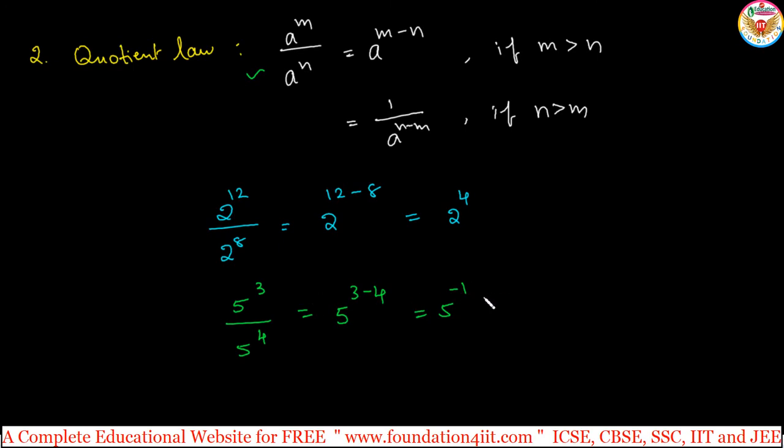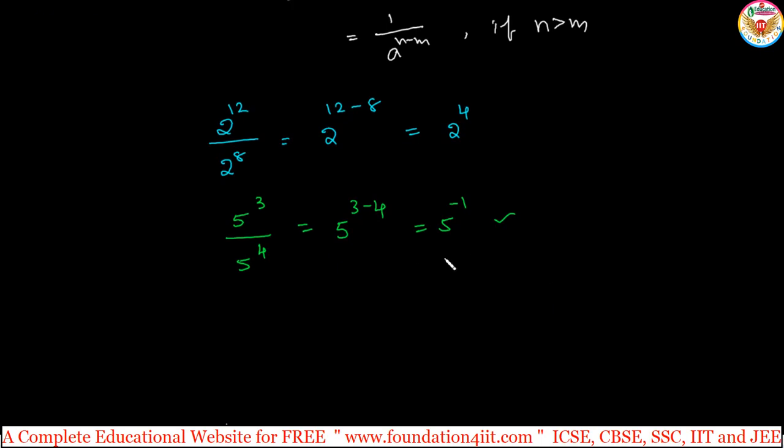Whenever you get it this way, 5 to the power negative 1 is also equal to, because the numerator power is less than the denominator, 1 by 5 to the power n minus m. 4 minus 3, that is 1 by 5 to the power 1, which is obviously 1 by 5. Same, 5 to the power minus 1 is also equal to 1 by 5.